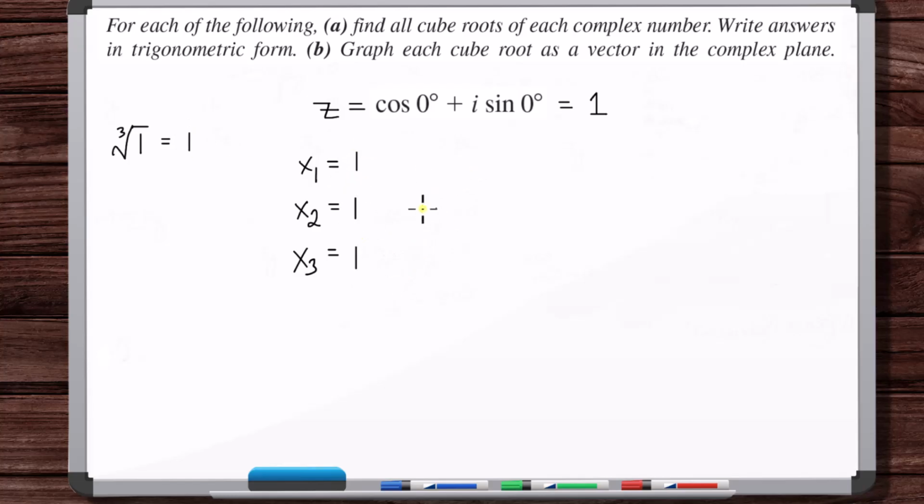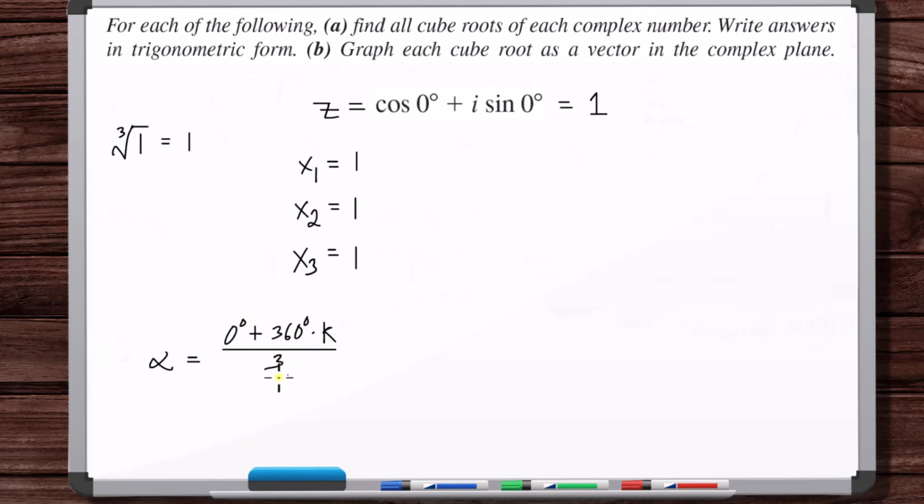And so obviously the difference is going to come in with what the angle is. So the angles are alpha. You take the angle of the number you're trying to find the root of in polar form, and then plus 360 or 2 pi times some positive or negative integer k, and then you divide by 3.